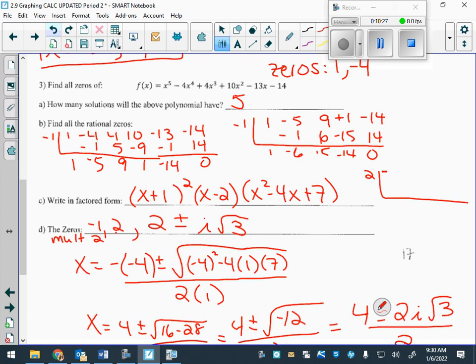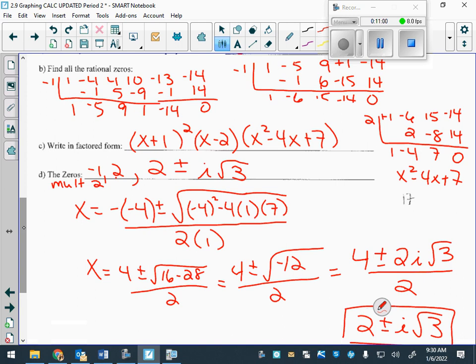Sorry, I erased it for you. Was that negative? Hold on. I'm confusing myself by what I have written. -6. Get 4, there we go. And then you're left with x squared minus 4x plus 7. Sorry about that. All right.